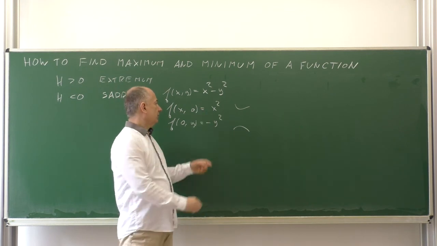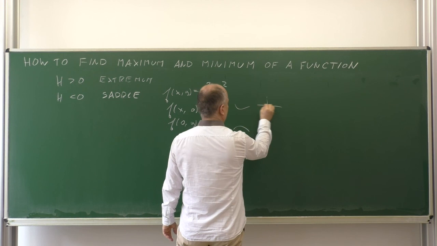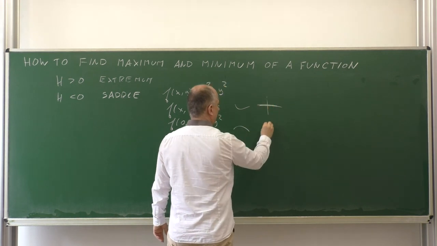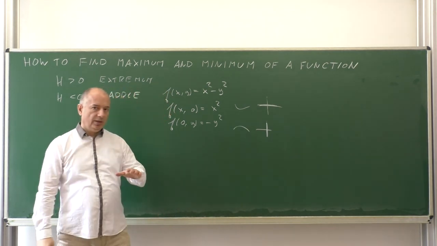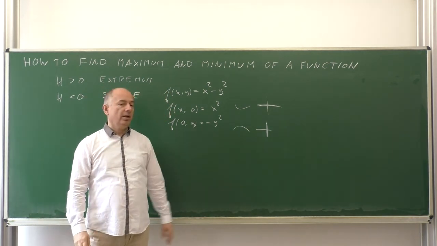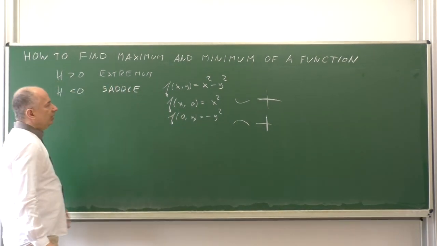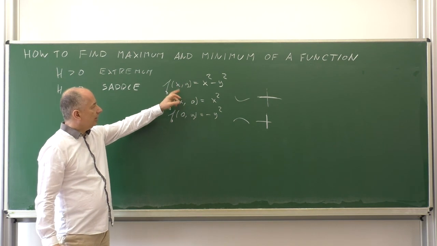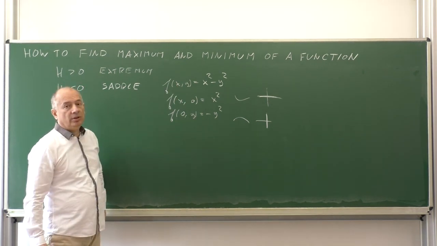So in one direction, in the xy plane, it looks like a minimum, in the perpendicular direction it looks like a maximum, so this is a saddle. Let us compute the Hessian to show that it will be negative.